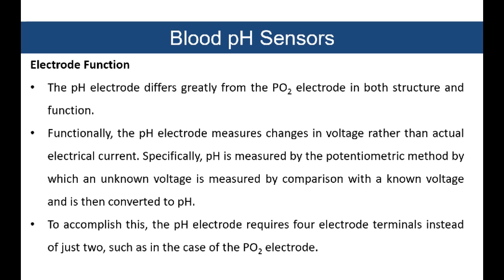Specifically, pH is measured by the potentiometric method, by which an unknown voltage is measured by comparison with a known voltage and is then converted to a pH.